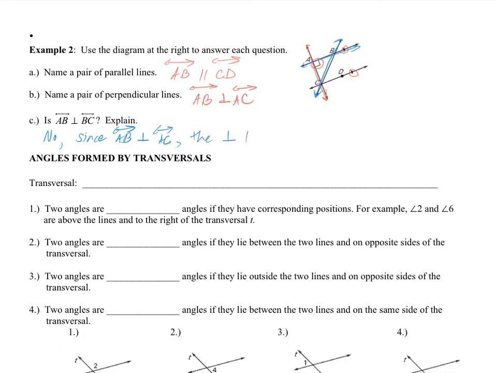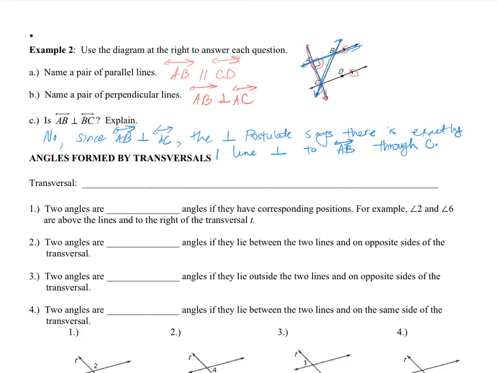the perpendicular postulate says there is exactly one line perpendicular to line AB through C. So if AC is already perpendicular to AB, you cannot have another line that's perpendicular to AB through the point C. Okay?